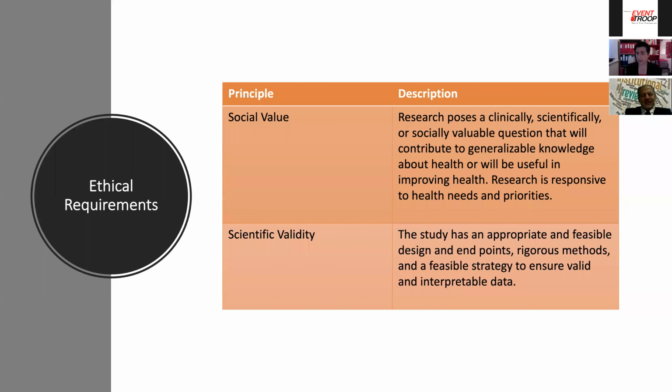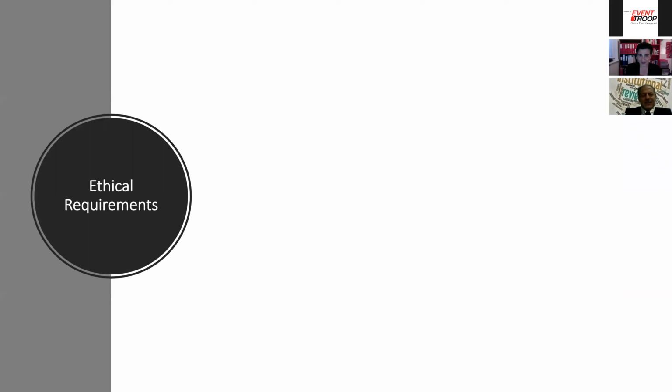Do your endpoints match the objectives of your research? They will look at your methods. How are you going to collect data? How are you going to interpret data? Is it scientifically valid? So not just the social aspect, but the scientific aspect as well. This is saying, this looks like a good scientific question, which is going to be backed by good science. So they will look at that. They do a lot more.